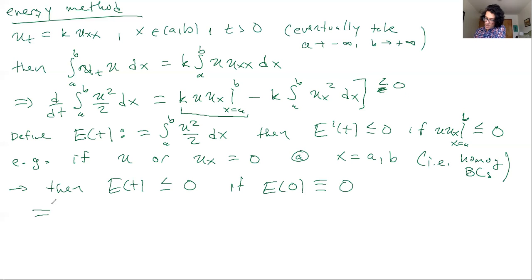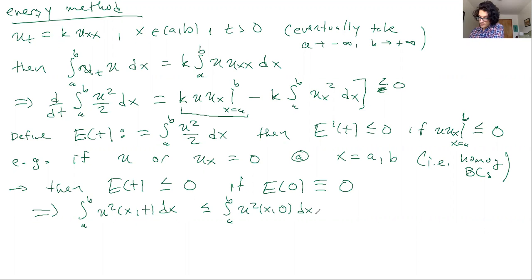This would imply then that the integral from a to b of u squared, x t dx, right, is less than or equal to the integral just at time equals 0, okay? Basically for all t greater than 0, okay?